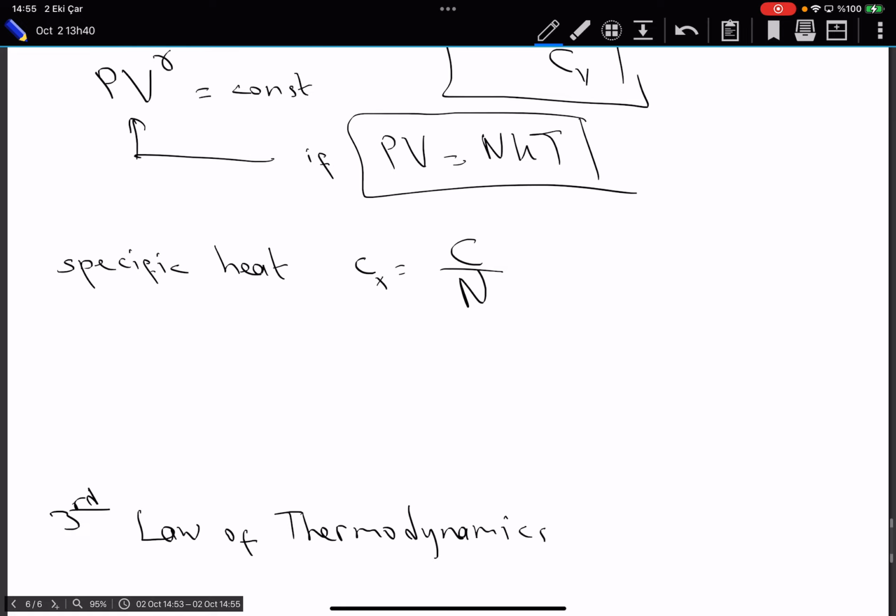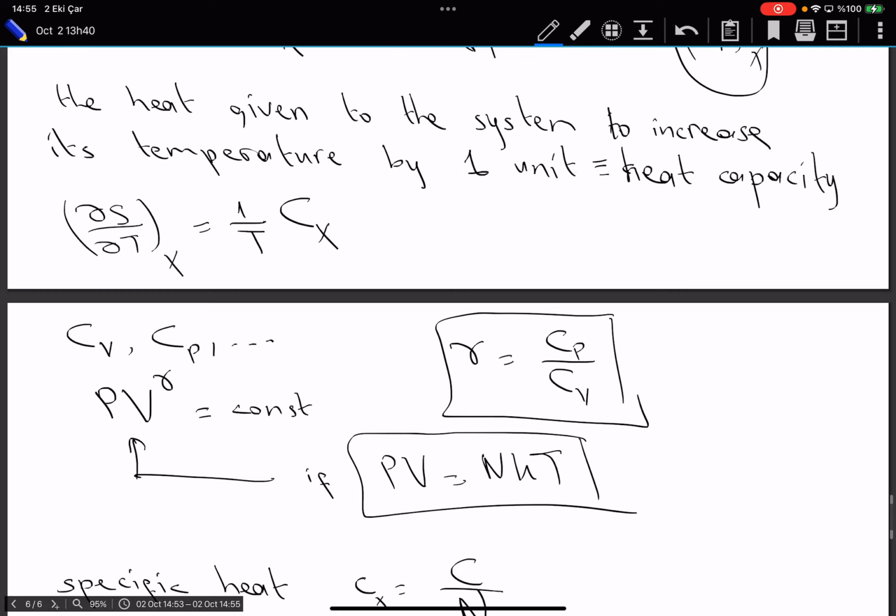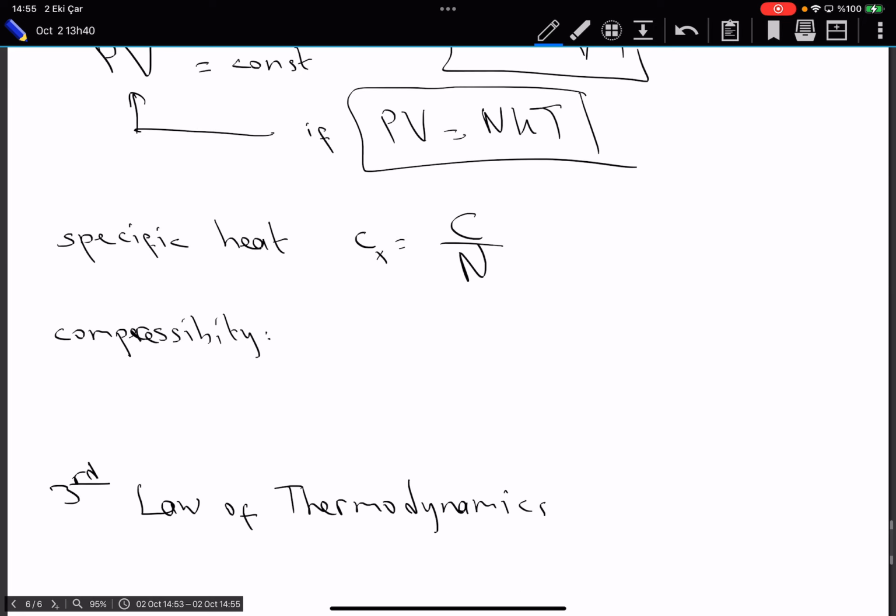And then there is the compressibility. Well, here we talk about the derivative of the entropy with respect to temperature. Well, another conjugate pair is P and V. So how much the volume of an object changes if you change the pressure that you apply.